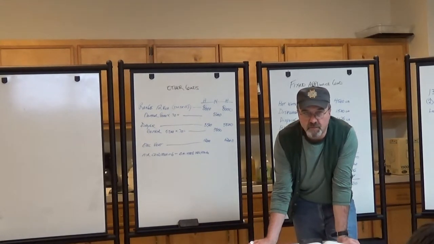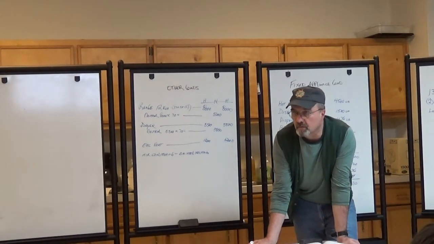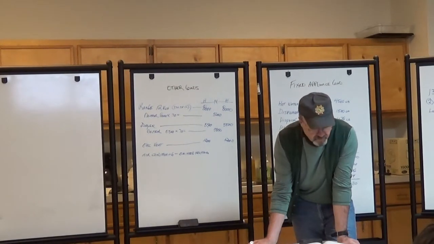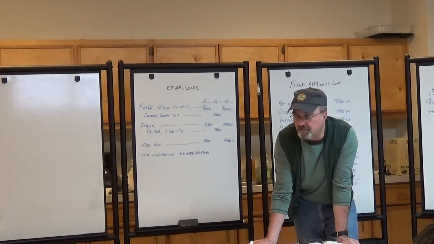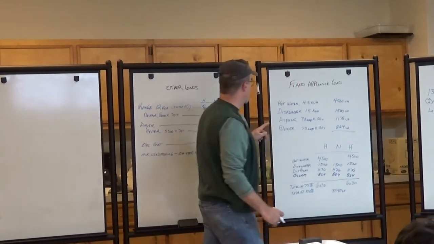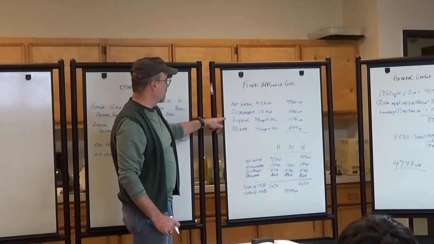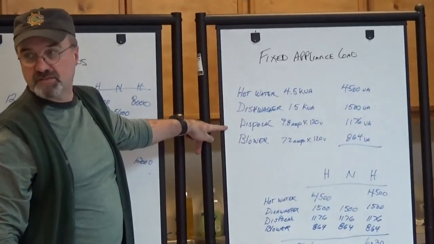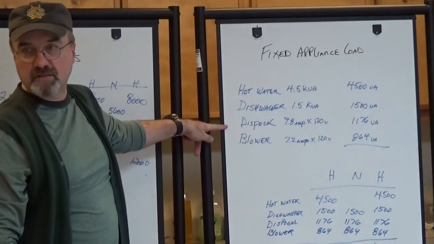What is the largest motor in this dwelling unit? The blower. Blake said the blower motor. Okay? What is the rating of the blower motor? It's actually the disposal. Oh, the disposal. Yeah. The disposal, right? It's 1176 is the largest one.